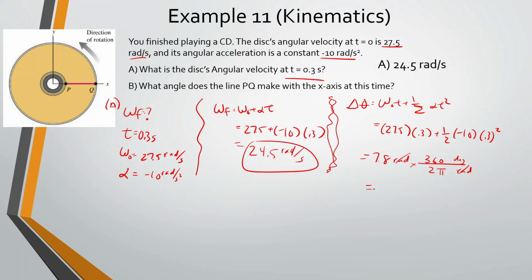So this will give us an answer of 7.8 divided by 2 pi, in parentheses, times 360, to give us 446.9 degrees. So that means it goes one time, and then it's going to go an extra 116 degrees. So it's going to go like over here.